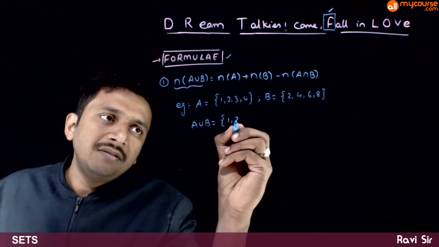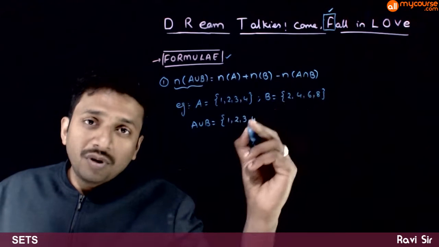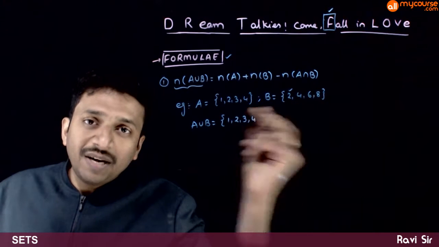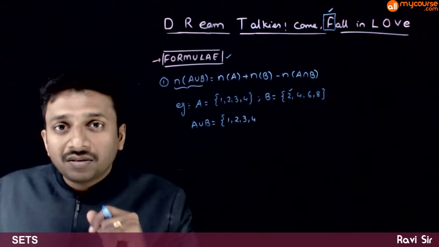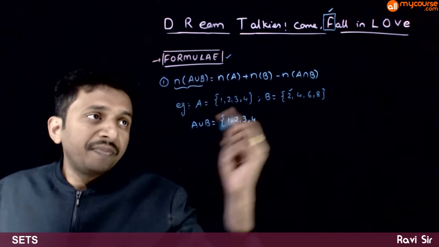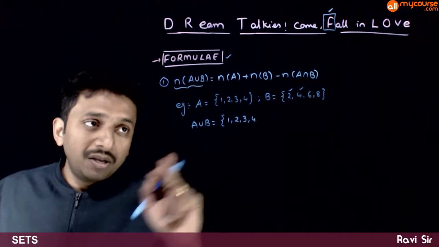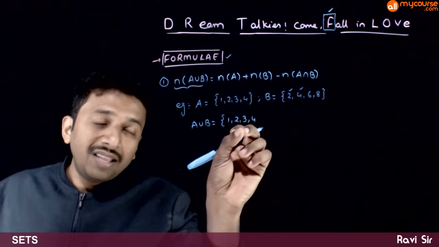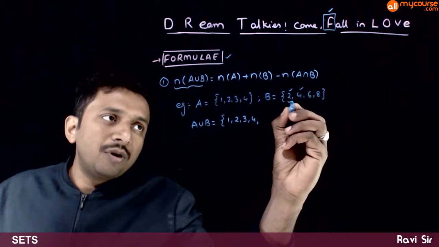So you have 1, 2, 3, 4. You have these 4 elements. And if you go to set B, you have the first element as 2. 2 has already been included. So you should not write it twice. And 4 has been already included. You should not write that 4. Because if you write 4 again, the elements will not be well distinguishable. So 2 and 4 should not be written.